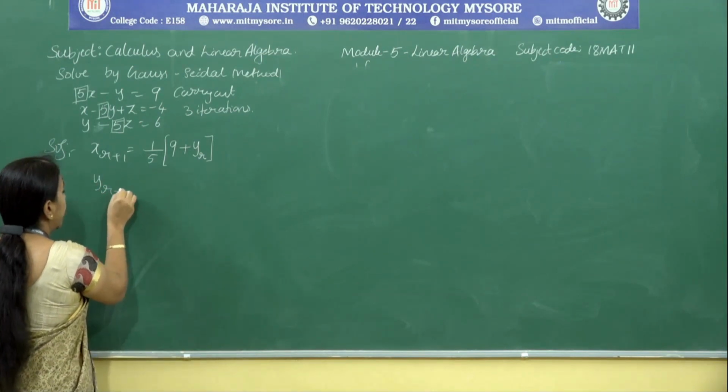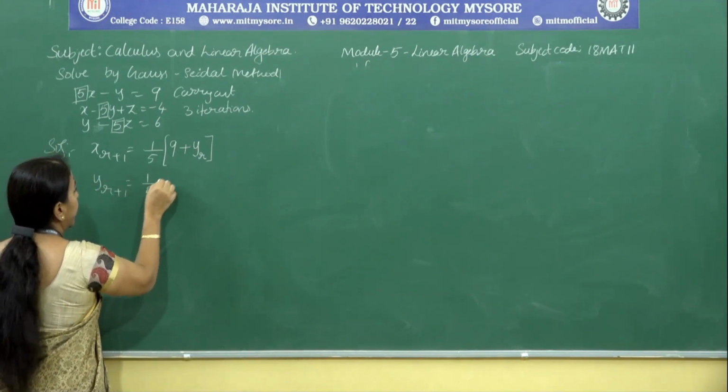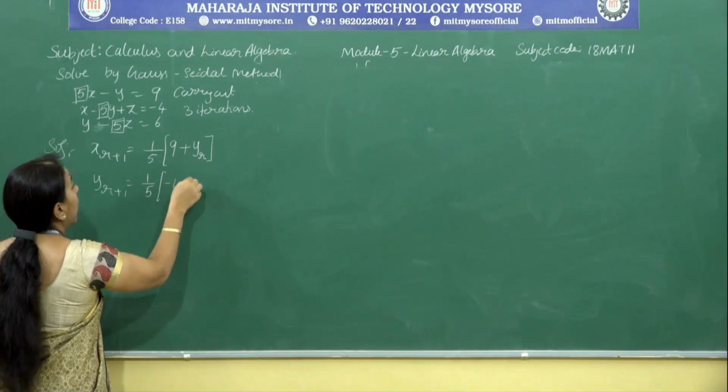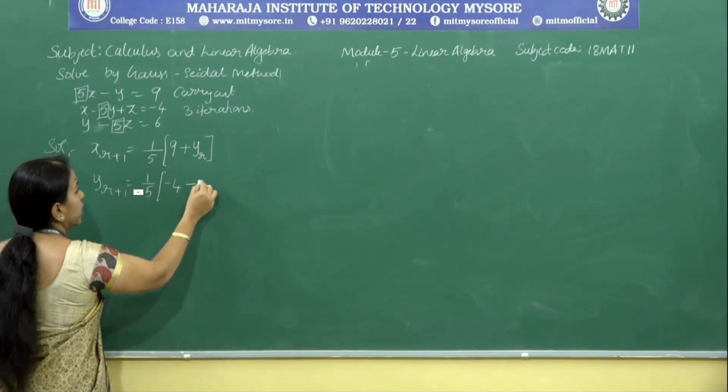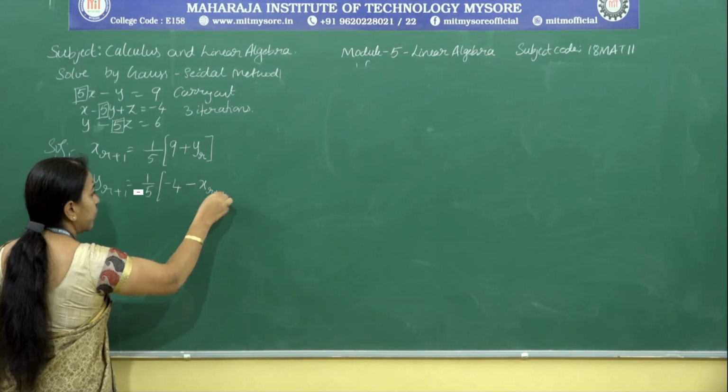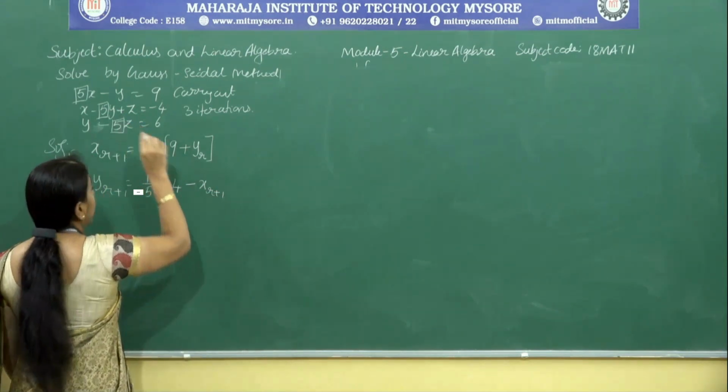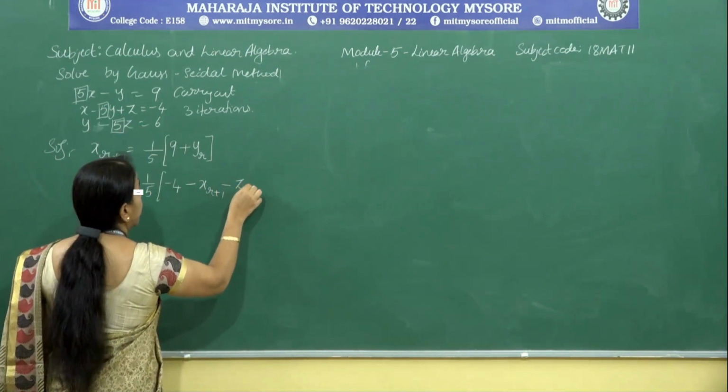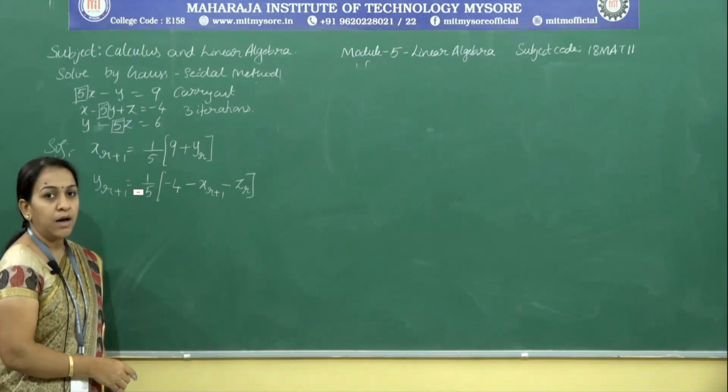Then y(r+1) is 1 by 5 into minus 4 minus the coefficient of x, which is 1. So 1 times x(r+1) and minus z coefficient 1, so minus z_r.